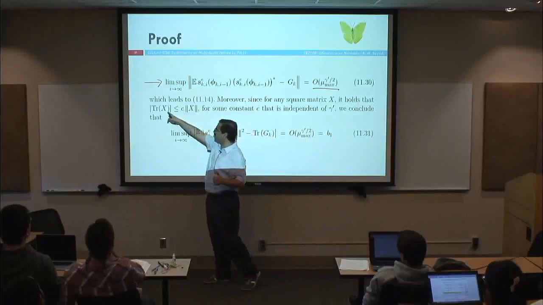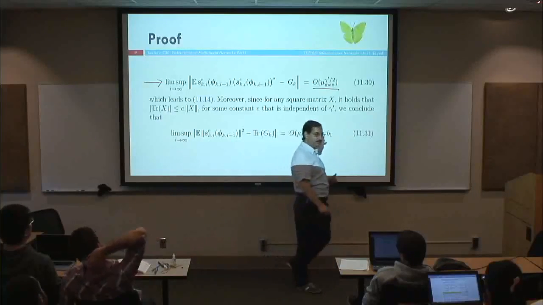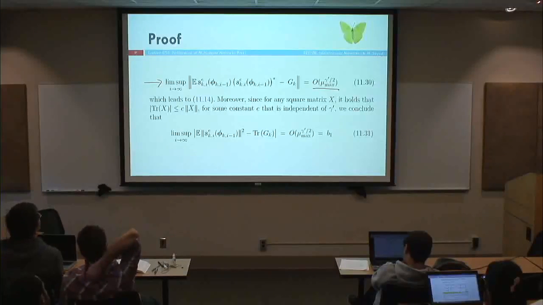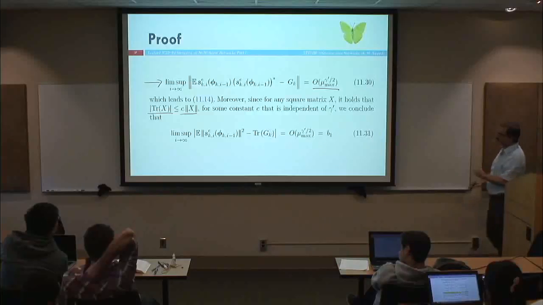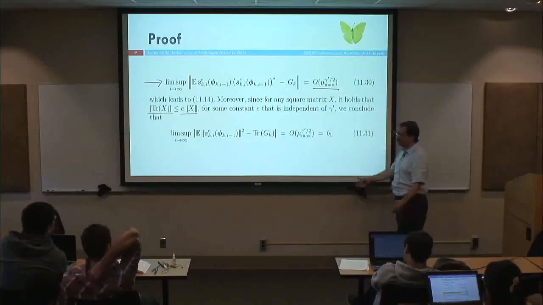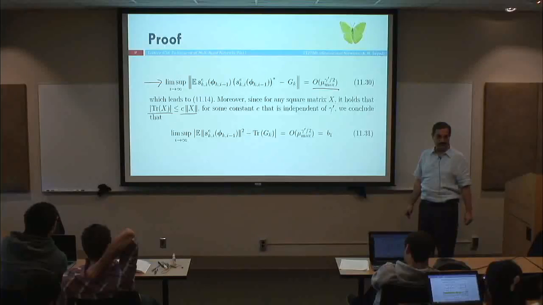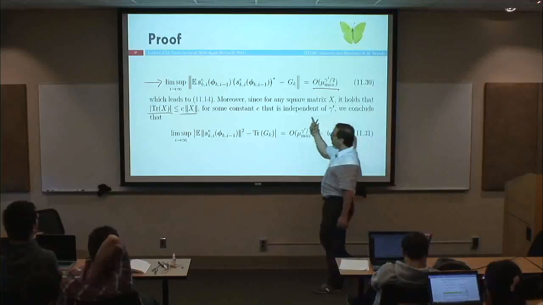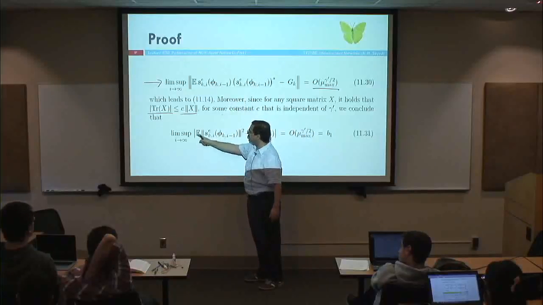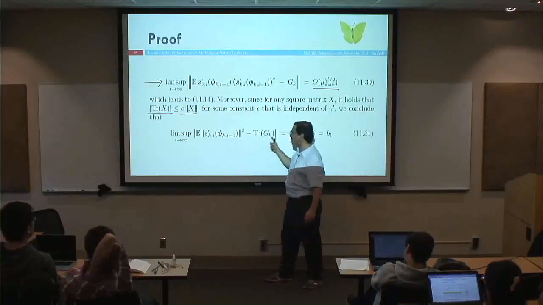For example, if your X is a Hermitian matrix, it holds, and this is not difficult to show, that the trace of X, for any square matrix, is upper bounded by the norm of X times some constant C that's independent of X. This is a homework problem. So the absolute value of the trace of this is exactly this quantity.